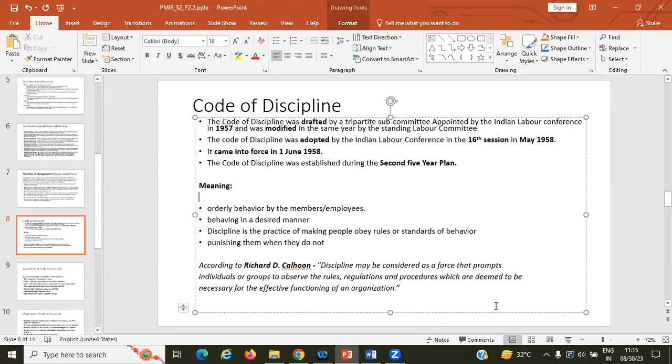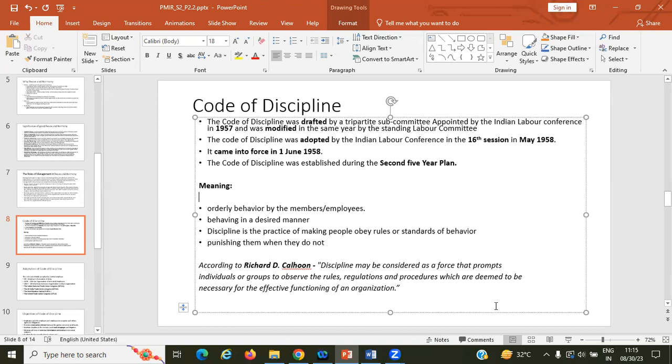You see any organization, any company, any society, they follow certain discipline, follow certain rules. Otherwise, it's very difficult to manage them, to organize them, to regulate the day-to-day function of that organization. So that is what the definition said.